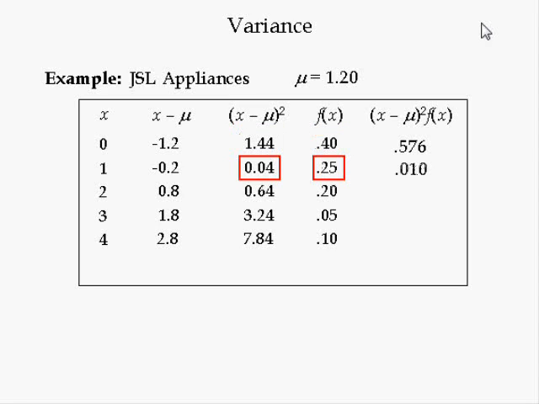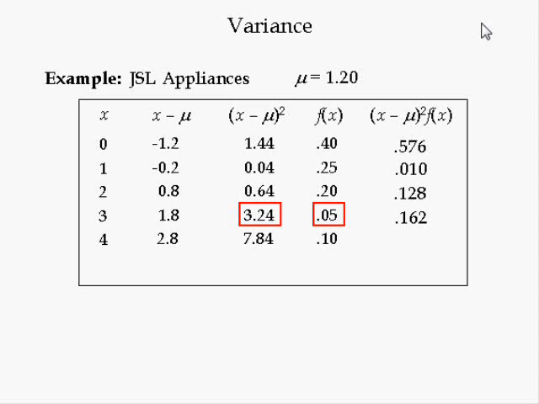The product of the second squared deviation from the mean, 0.04, and the corresponding probability, 0.25, equals 0.01. The product of the third squared deviation from the mean, 0.64, and its corresponding probability of 0.2 equals 0.128.